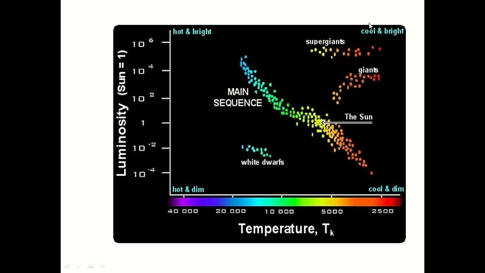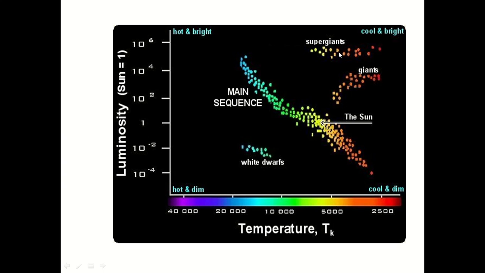And if you consider the right top corner, we can have low temperature and high luminosity. Low temperature means cool stars, and high luminosity means bright stars. So in this region we can have cool and bright stars.